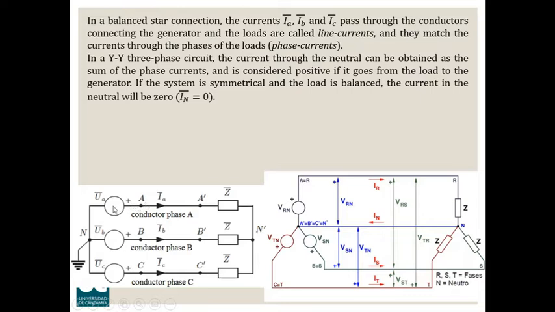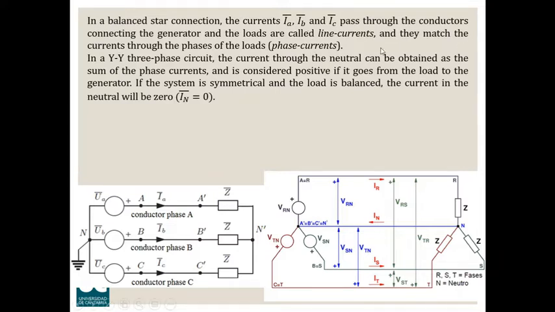Here we can see how the current which is generated in this generator A will flow through this phase conductor and pass through this load. So the value will be the same for the line and for the phase currents.